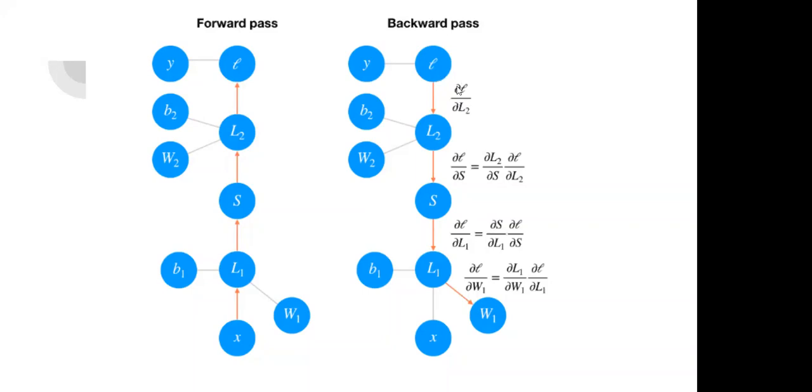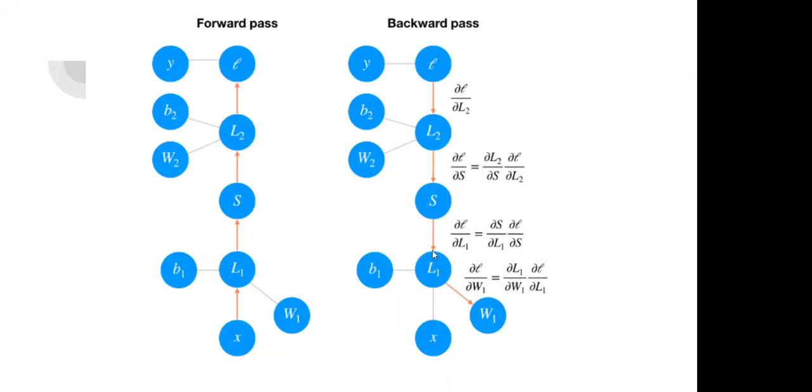You see how loss, or error, because we have been calling this error so far, is changing with respect to output L2. This is the hidden layer. Then we apply the chain rule.